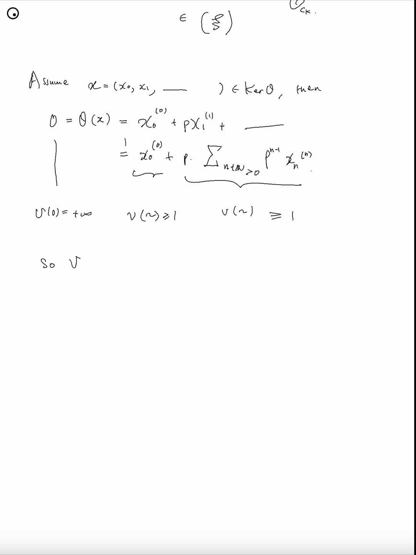So the valuation of x0 0 is bigger or equal than 1, equal to v(p).